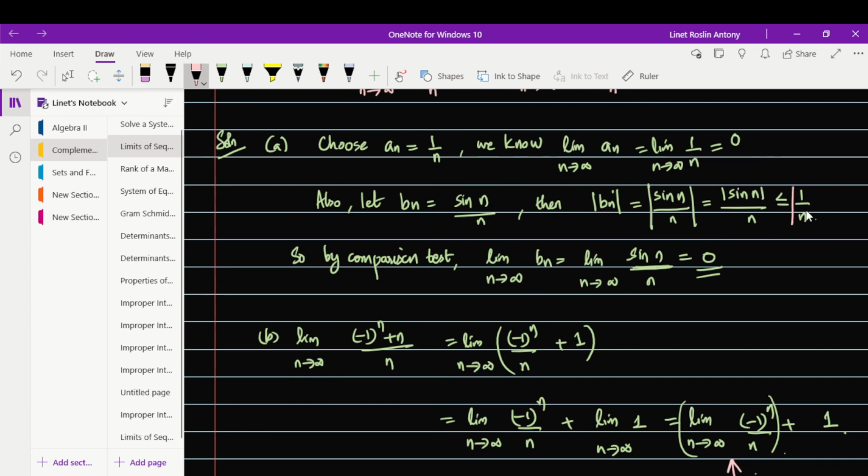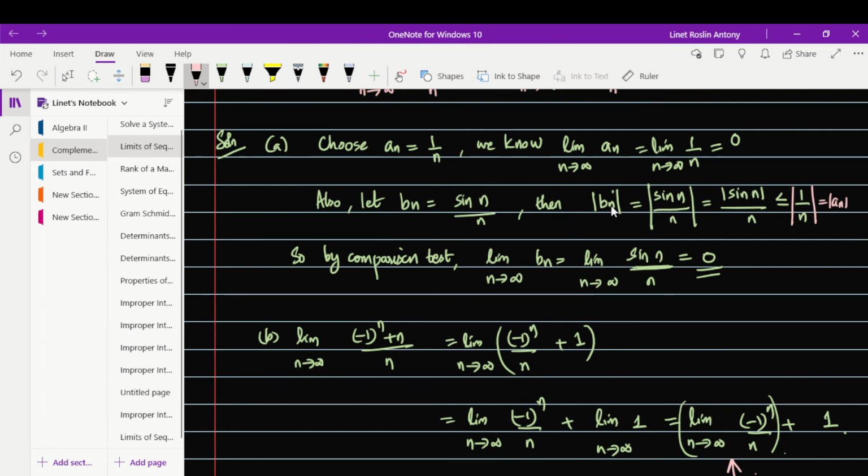Then we know that modulus of b_n, which is equal to modulus of sin n by n, which is equal to modulus of sin n by n, because n is always positive, and for sin n, the variation will be such that modulus of sin n will be less than or equal to 1. So you can write this to be less than or equal to modulus of 1 by n, which is equal to modulus of a_n.